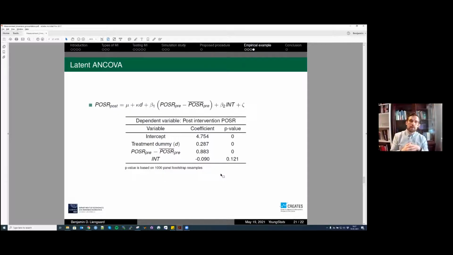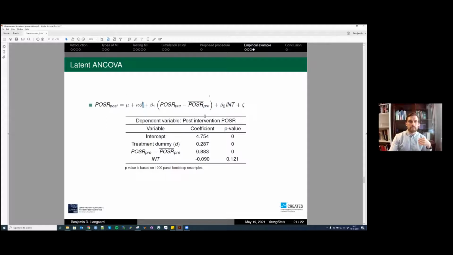Then I can set up an ANCOVA model where I investigate if there is an effect of the treatment, that is, giving information about data breaches. So I have an intercept, a treatment dummy, and the construct perceived online shopping risk, and I have an interaction term, which is the interaction between perceived online shopping risk and the dummy.